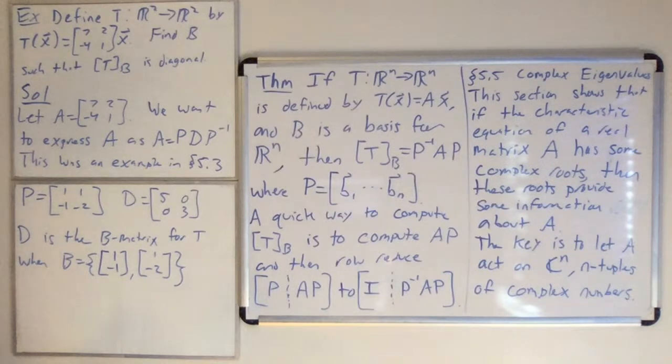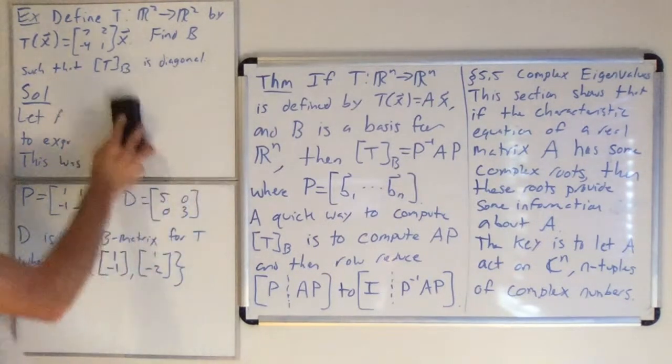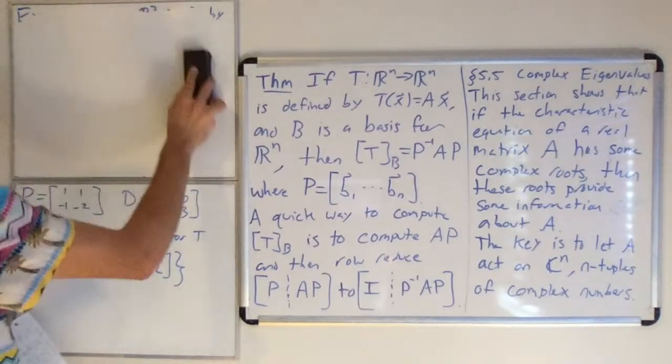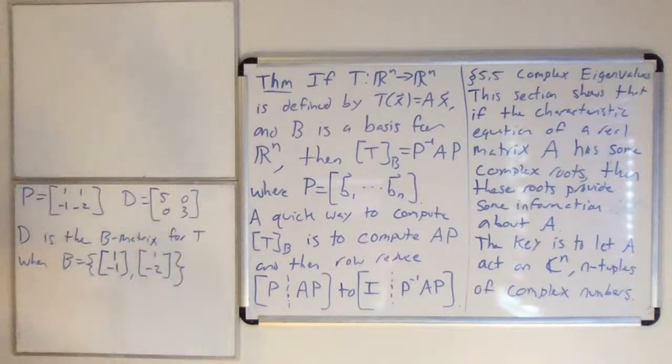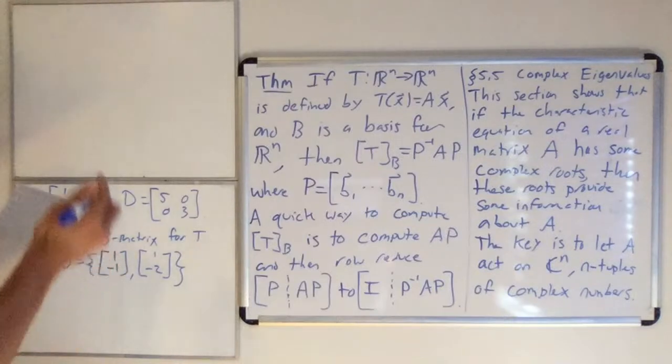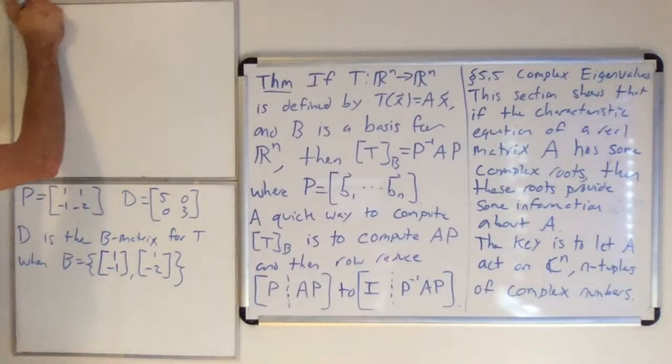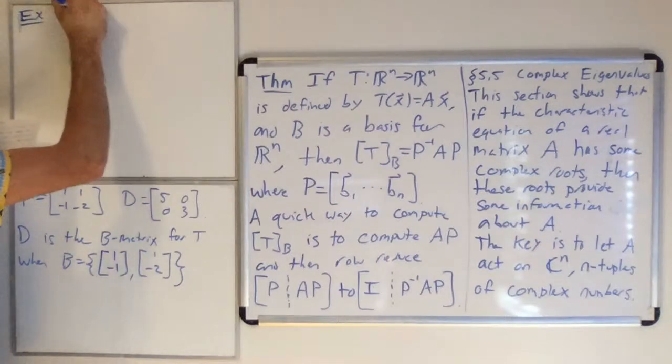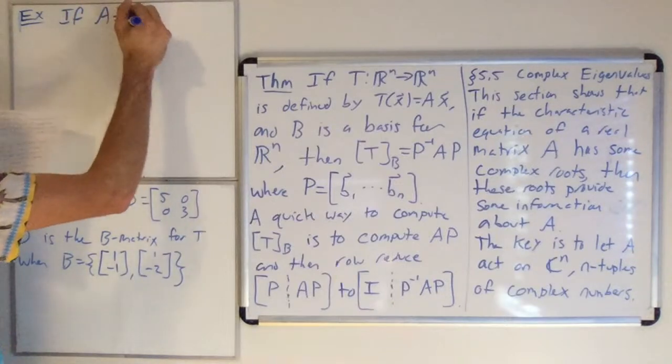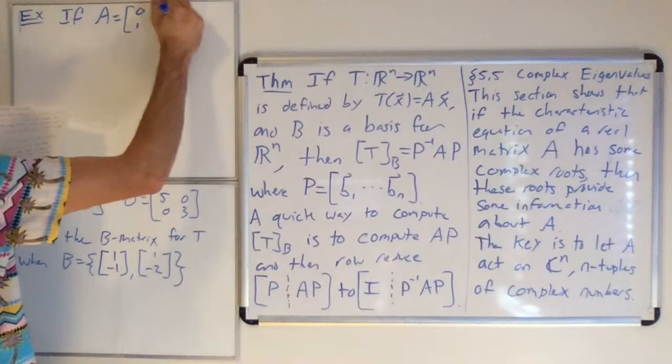If not, we'll go through a little of the algebra behind it. We're not going to go through a lot of the details of complex numbers because we're not terribly interested in them, but there are a few tricks we have to look at. Let's look at an example. Suppose we have this matrix, 0, 1, minus 1, 0.